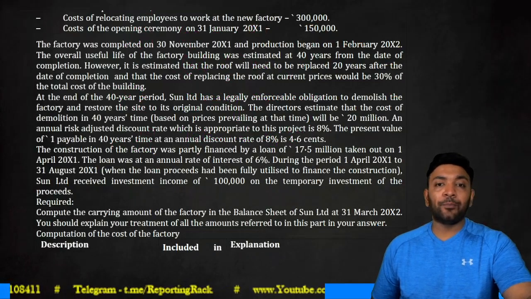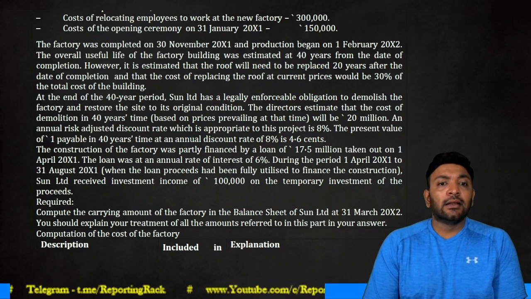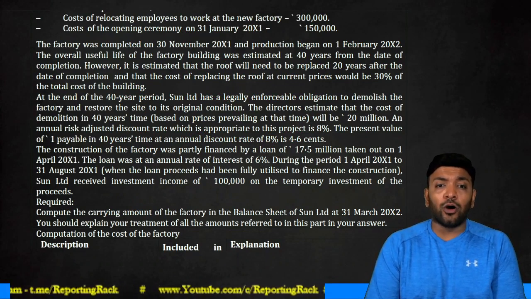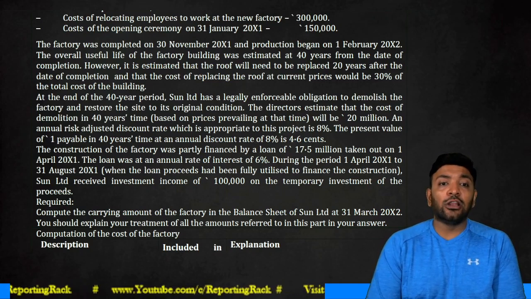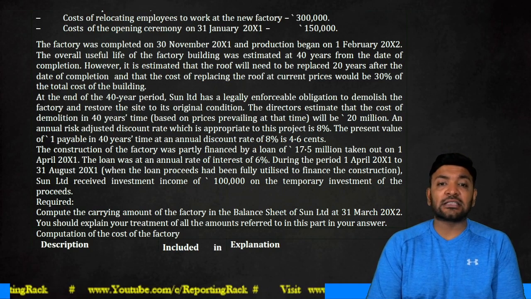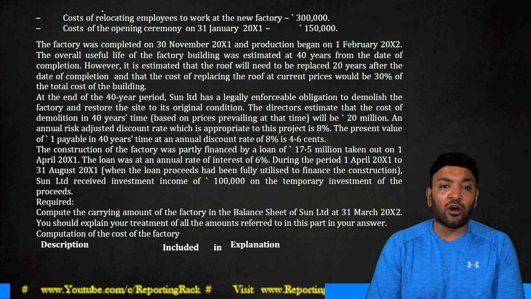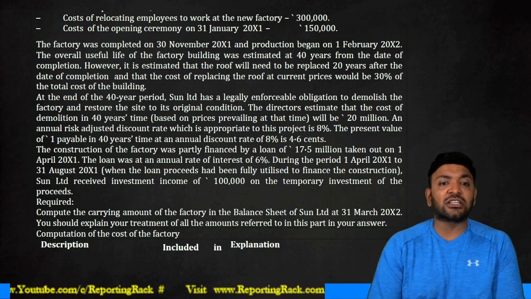Moving on from there, what else is given to us? The construction of factory was partly financed out of a loan of 17.5 million taken on 1st April. The loan had an annual rate of interest of 6%, and during the period from 1st April to 31st August, the loan proceeds have been fully utilized for the process of construction.